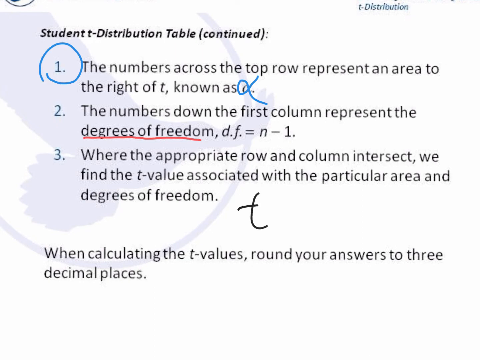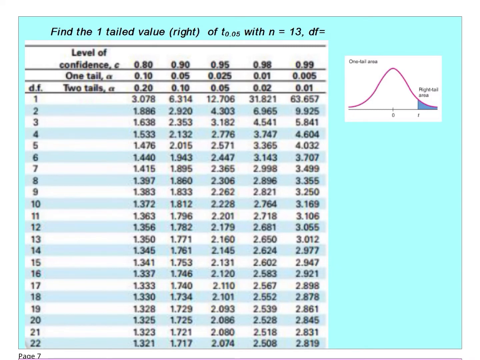For the sake of clarity, you saw in the chart, but I want to emphasize that t-table numbers are always given with 3 decimals. So let's try a few. If we're looking for the right-tailed value, it would be on the right side of the bell curve. We're looking for the number of standard deviations when sigma is unknown that cuts off 5% in the tail, known as alpha, when there are 13 in the sample.